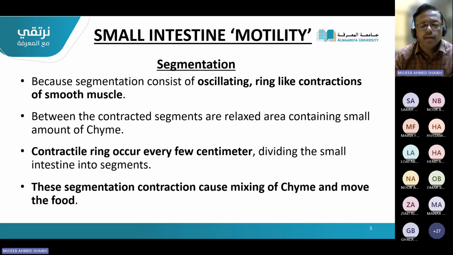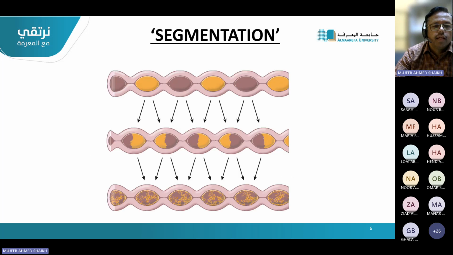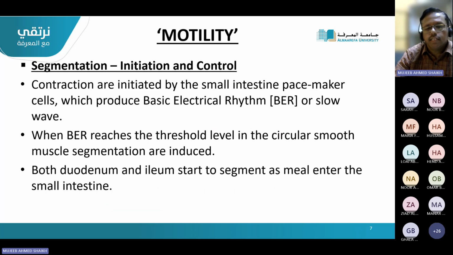This makes alternate segments and allows the food to mix with the digestive juices as well as to come in touch with the luminal or mucosal wall so that it will be absorbed. This is called segmentation contraction.